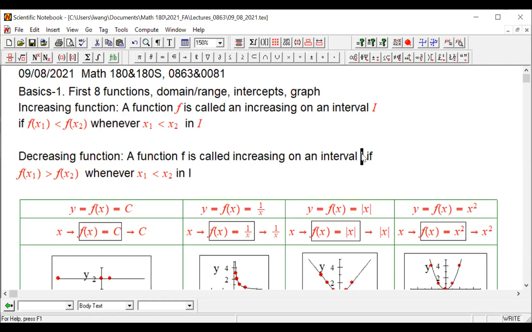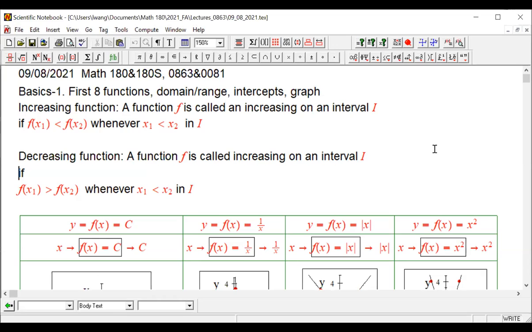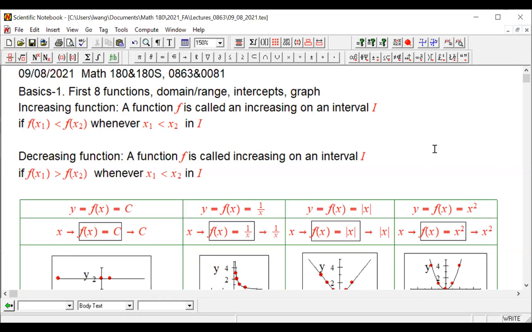Did you guys see that? One-to-one function has to be on an entire domain, but the increasing function, however, is on a specific interval. Okay, so let's see what it says.